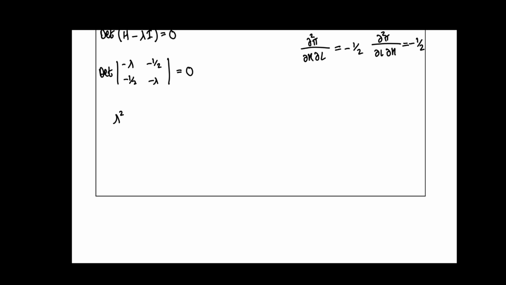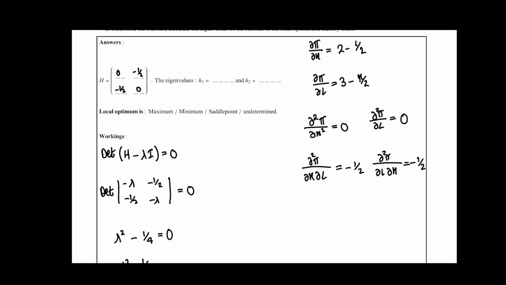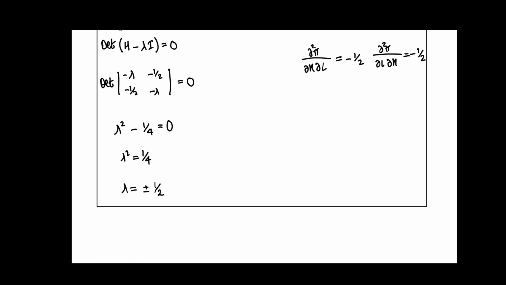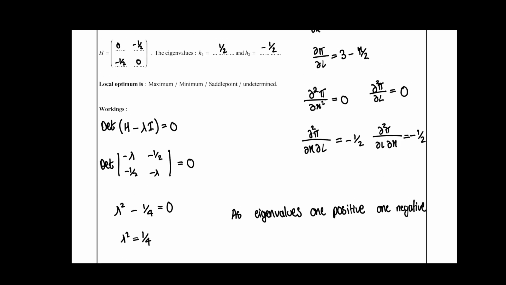So we get lambda squared minus 1 over 4 is equal to 0. Lambda squared is equal to 1 over 4. So lambda is equal to plus or minus a half. So the eigenvalues would be a half and then minus a half. And as we see with the eigenvalues, 1 is positive and 1 is negative. It means that we have a saddle point.